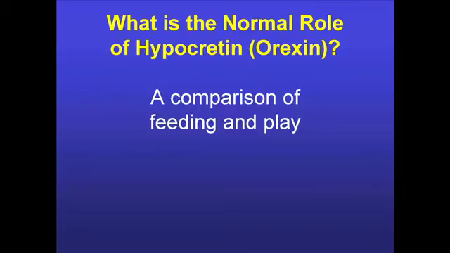So now I'd just like to talk about what the normal role of hypocretin is as a way of understanding the deficit that you get when it's lost. Now, the other name for hypocretin is Orexin, and this name was coined by the group led by Yanagisawa, which was the second group to identify this peptide.